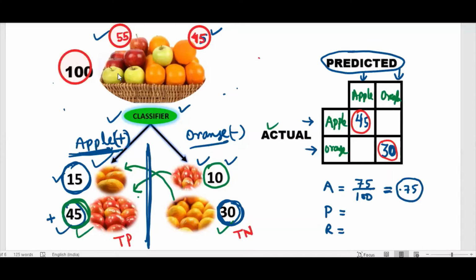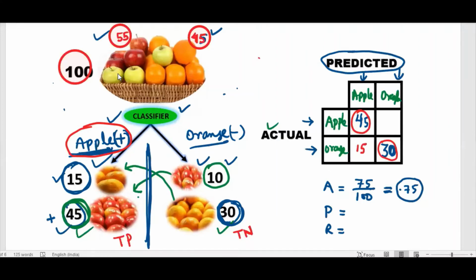Orange, right? We can see with our eyes this is actual orange, but predicted by the classifier as the apple side. So, predicted apple, but actually it's orange, so we'll write 15 here.